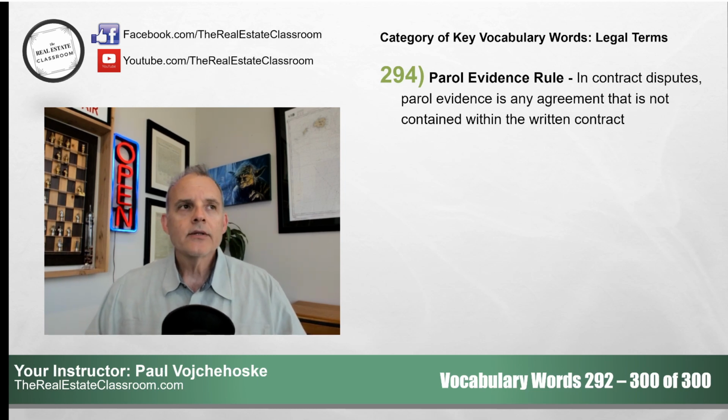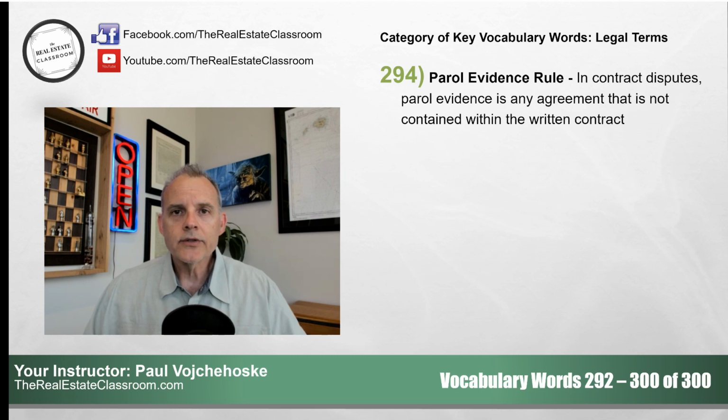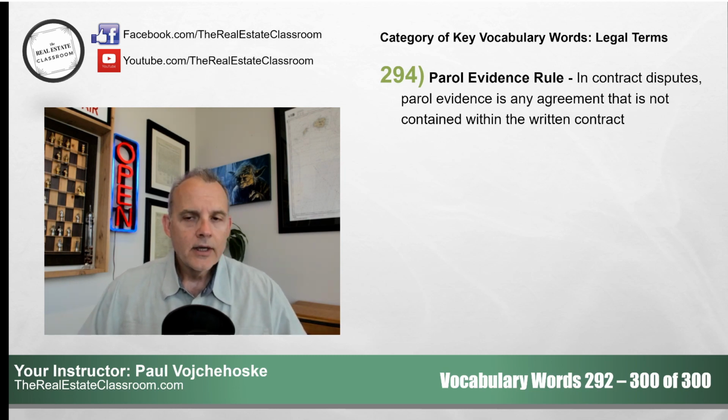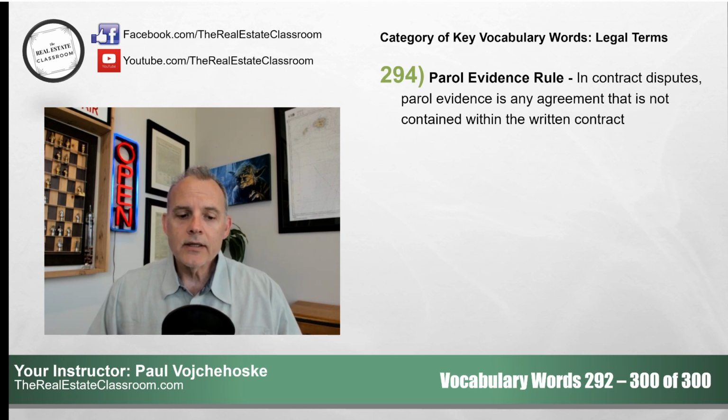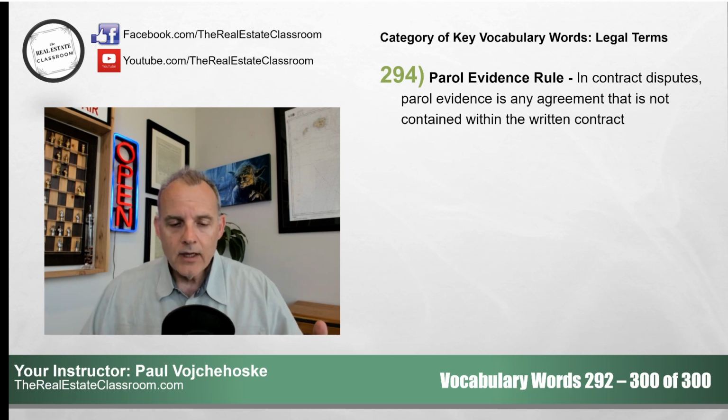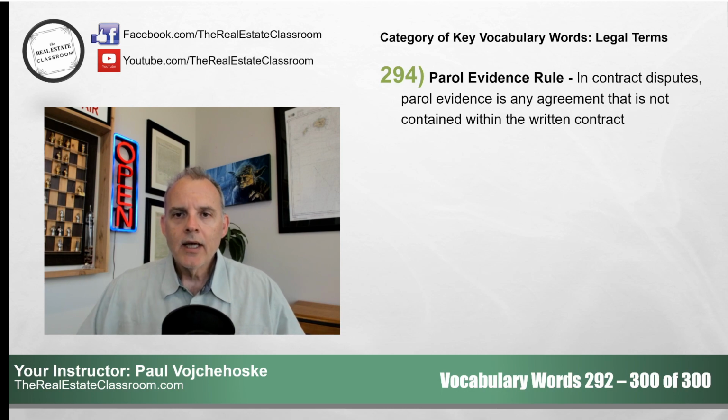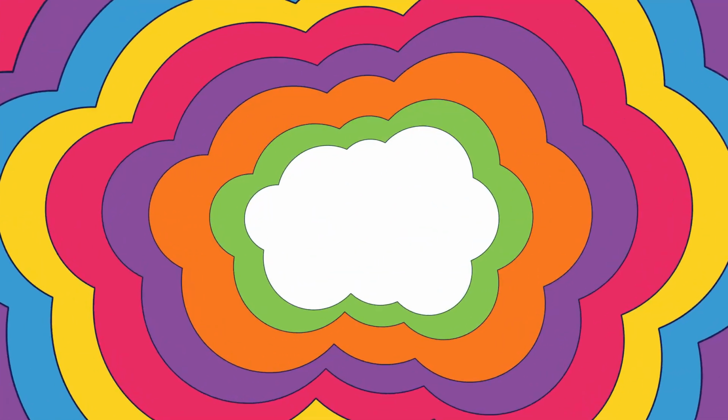After closing, the seller goes, "Where's my $20,000?" So the seller files a lawsuit against the buyer. The buyer's going to claim parole evidence rule. Yeah, we might have agreed to this. However, this was something that wasn't put in writing, and so therefore it has no valid bearing in the outcome. That's the parole evidence rule.